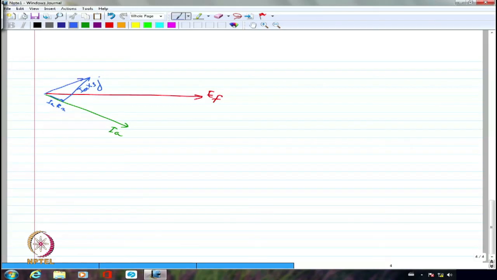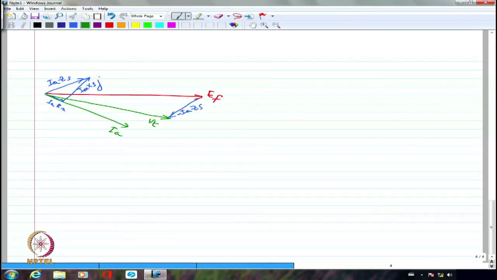The addition of these two will be Ia Zs, if I may call that the synchronous impedance. What I need to do is to subtract this Ia Zs from here. This is minus Ia Zs. Ef minus Ia Zs will give me what is my Vt.